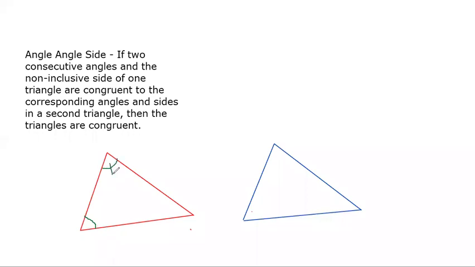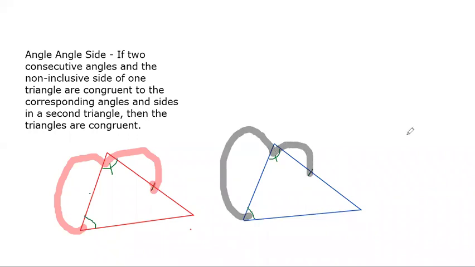Because if we were looking at this middle side right here, then that would be angle, side, angle. We've already studied that. So what we have is the angle, angle, and then we have the side coming on around the triangle, this side right here. So let's read the triangle. We have angle, angle, side. Then we have angle, angle, side. Whenever you have this situation, then you know the triangles are congruent.